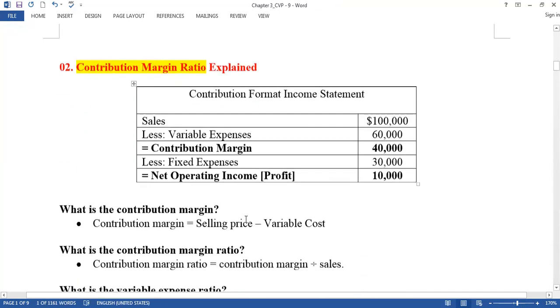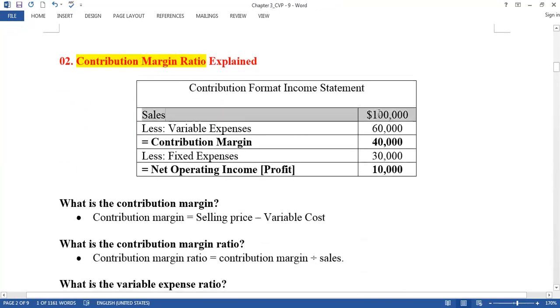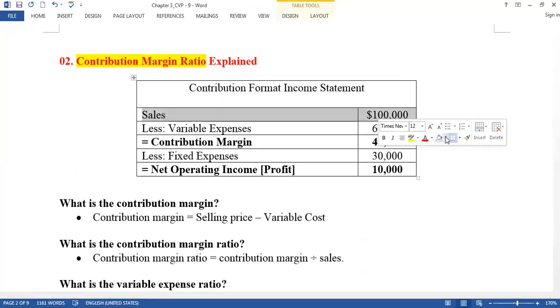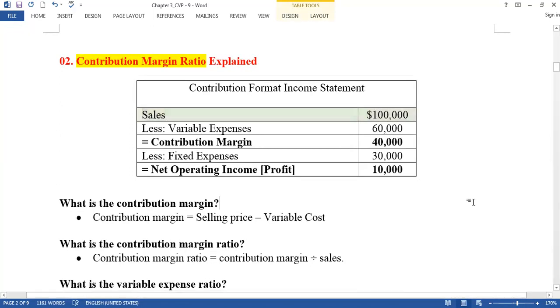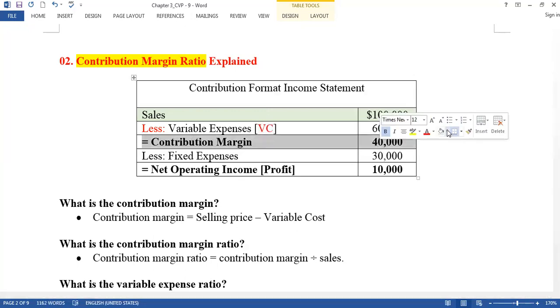Here you can see this is sales, then minus variable cost. Sales minus variable cost equals contribution margin. So this is the new point you have to remember.